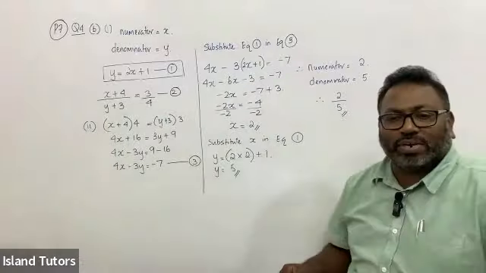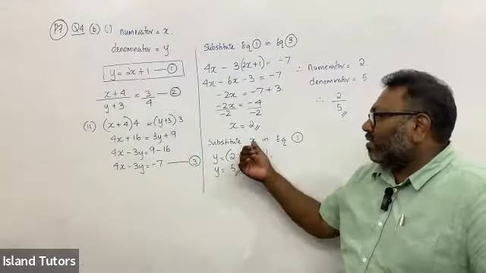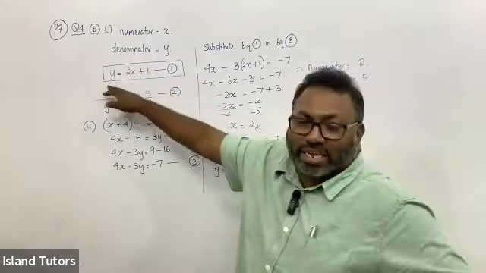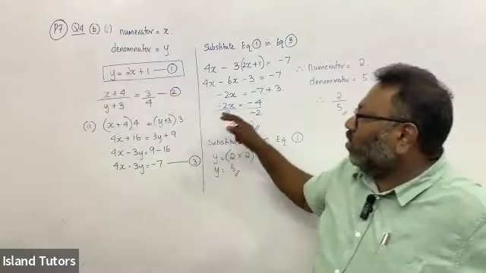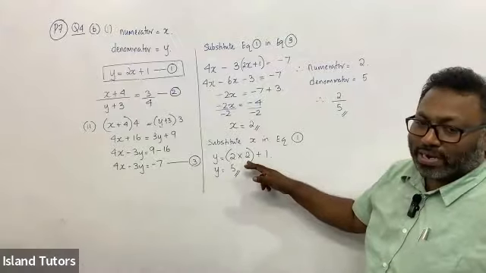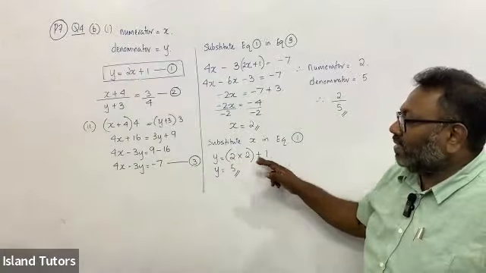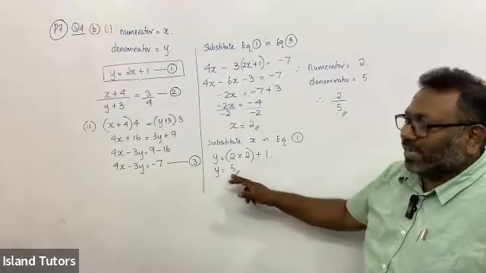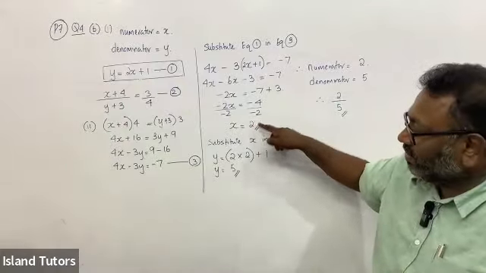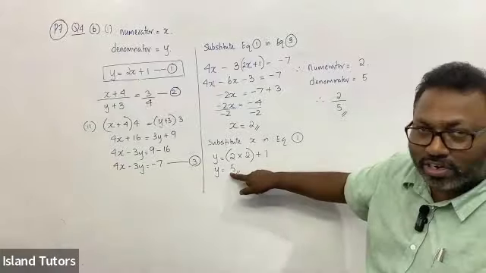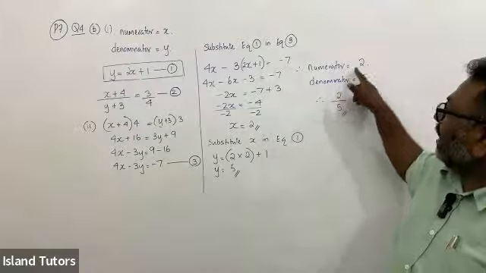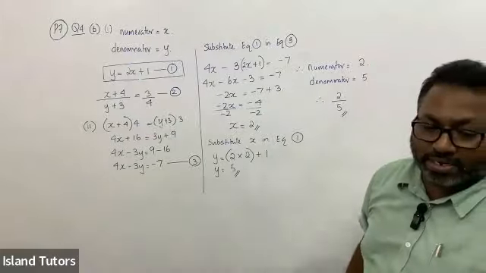We substituted x in equation number 1 to find y: 2 into 2 is 4, plus 1 is 5. So x is 2, your numerator, and y is 5, your denominator. So the fraction has numerator 2 and denominator 5.